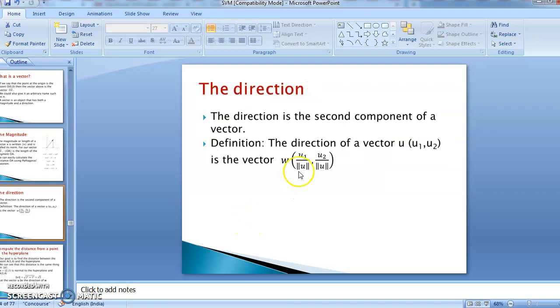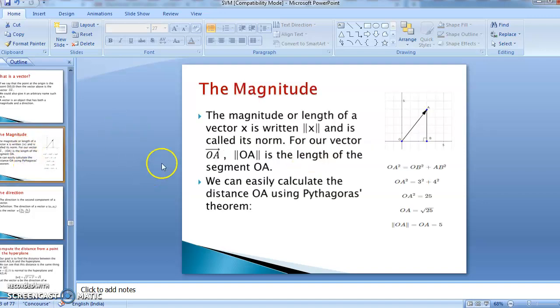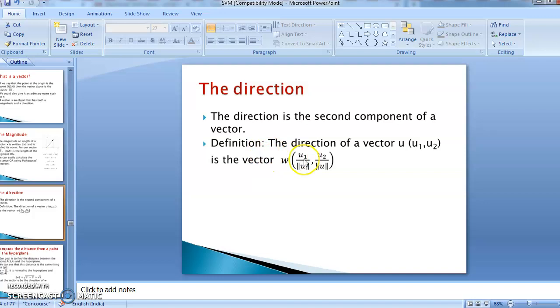Then what is the direction of a vector formula? After finding the magnitude, divide each coordinate of the point by the magnitude, and you will get the direction of the vector.